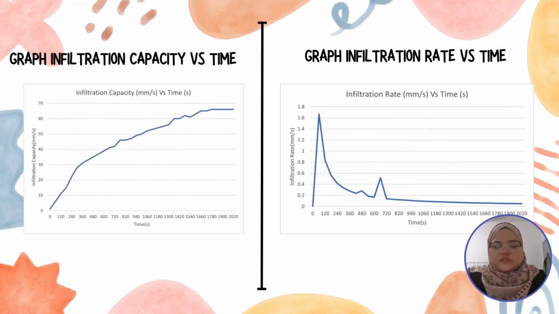For this experiment, my group got two graphs: infiltration capacity versus time and infiltration rate versus time. For infiltration capacity versus time, the graph slowly increased, but for infiltration rate, at the beginning the data is increasing, but then it's decreasing and not constant.